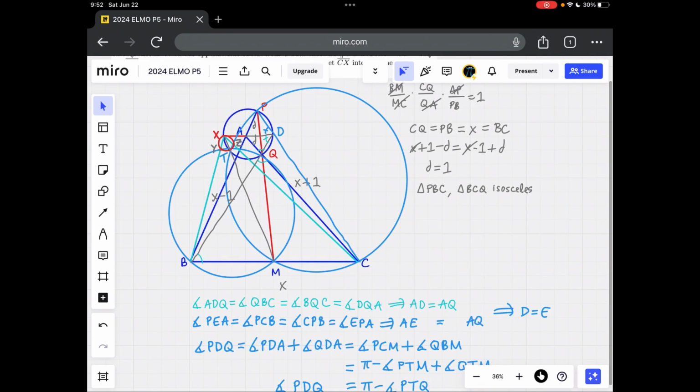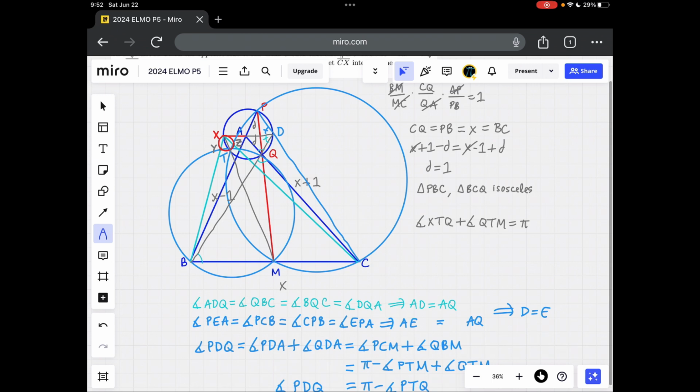And we're going to prove this collinearity of X, T, and M by breaking up angle XTM into two angles, XTQ and QTM. T in particular is a nice point because it lies on so many circles. So we're going to break up the angle at T. We would like to prove that angle XTQ plus angle QTM equals pi.